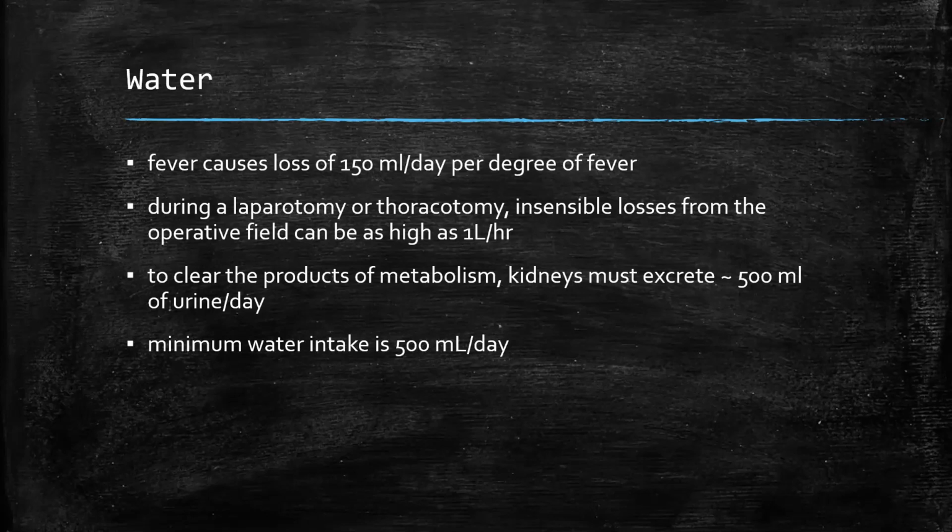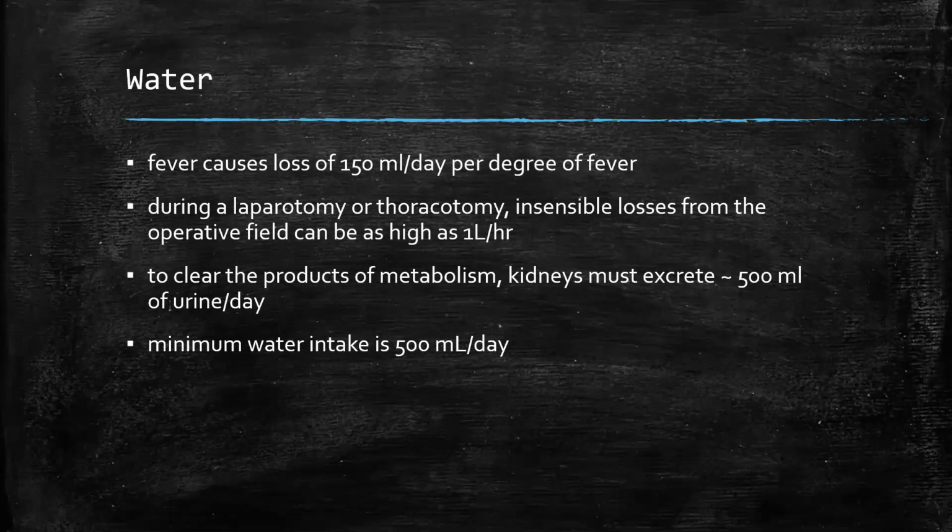Now, to clear the products of metabolism, urea and other substances, the kidneys really have to make 500 mLs of urine a day. That's when they're maximally concentrating. That's when they're working at peak efficiency here, which ultimately means that our minimum water intake from any and all sources has to be about 500 mLs a day.